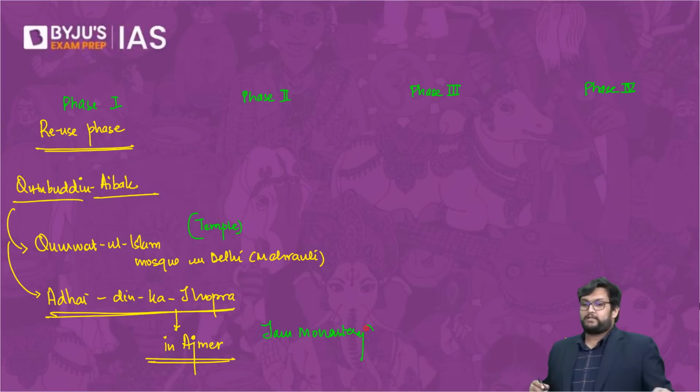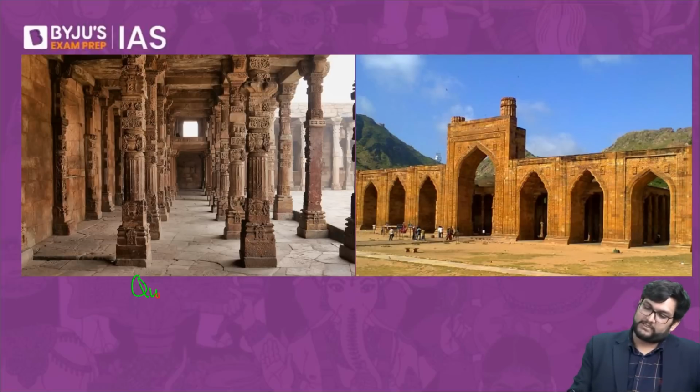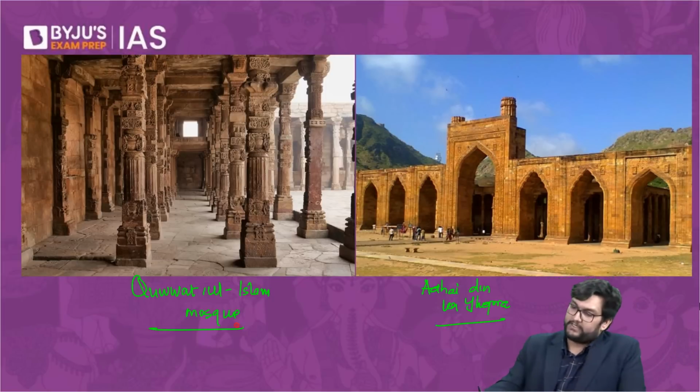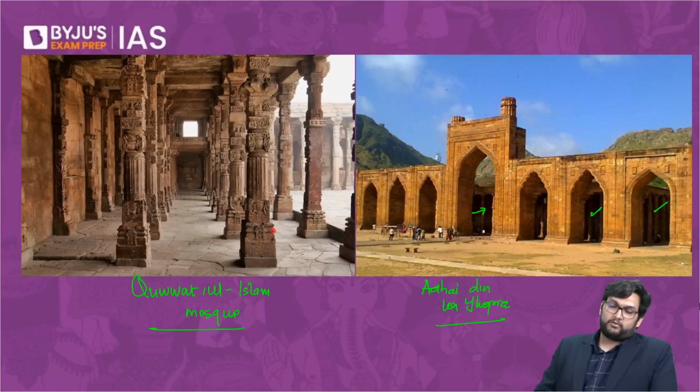So if you look at the Quwwat-ul-Islam Mosque, I have images to show you, don't worry. Or Adhai Din Ka Jhopda, it's not a jhopda, it's actually a very big structure. The internal structure which you see there is actually a Jain monastery, and this is a temple which had gone out of use, which was reconstructed and rebuilt by Qutbuddin Aibak.